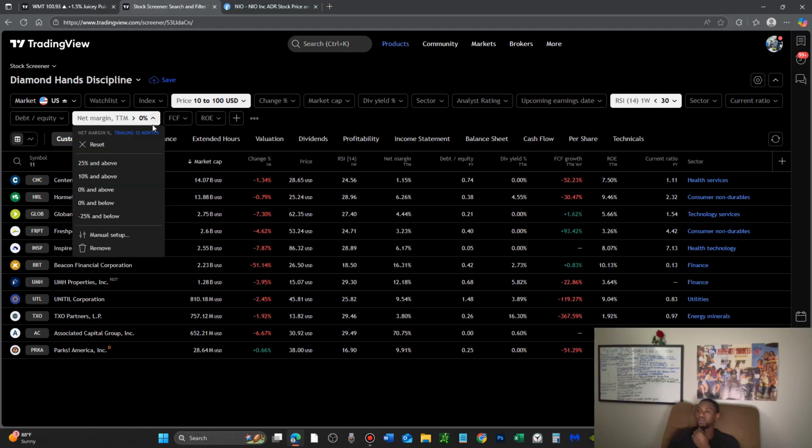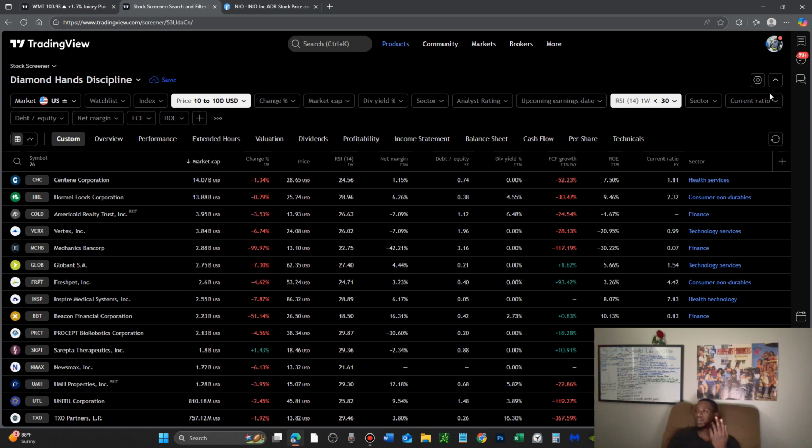Because if you don't look at net margins to invest, and you don't know if a company is going to be profitable, you're digging yourself in a hole. If you're buying in overvalued and you're a beginner, it's going to put you in a predicament where it's going to pull back eventually.